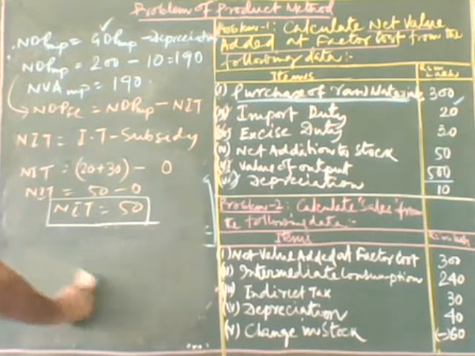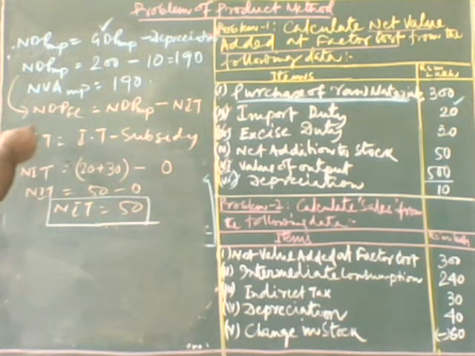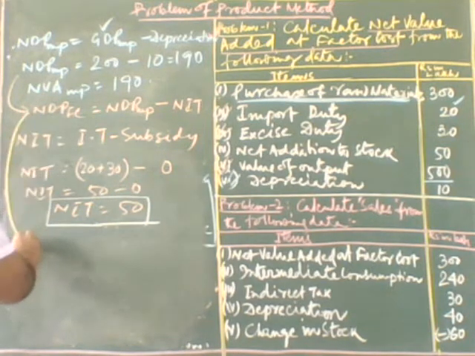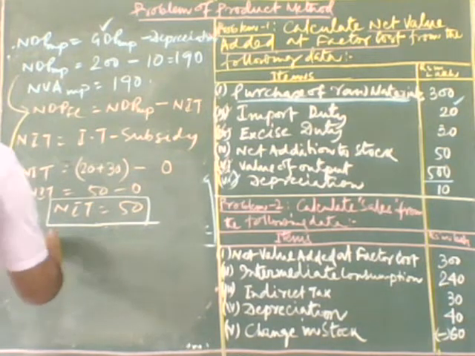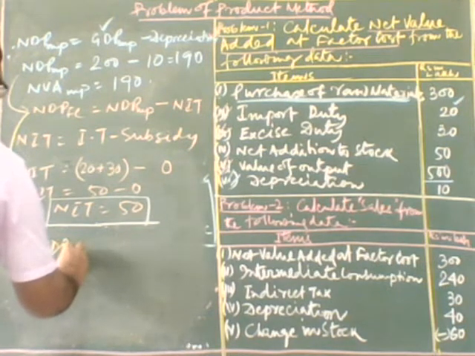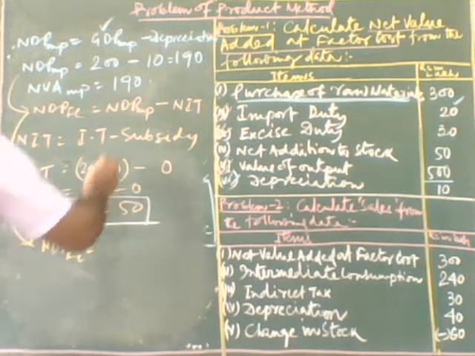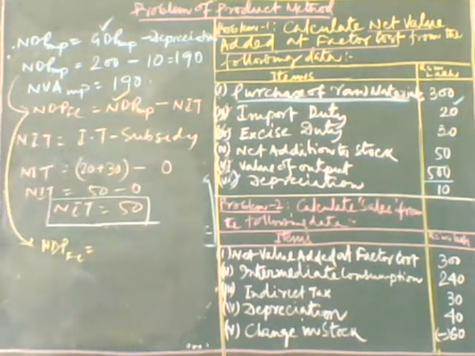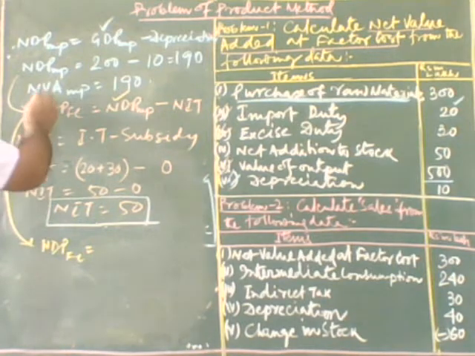Now, from this equation, NDP at factor cost is equal to what? NDP at market price, you have already calculated that value.